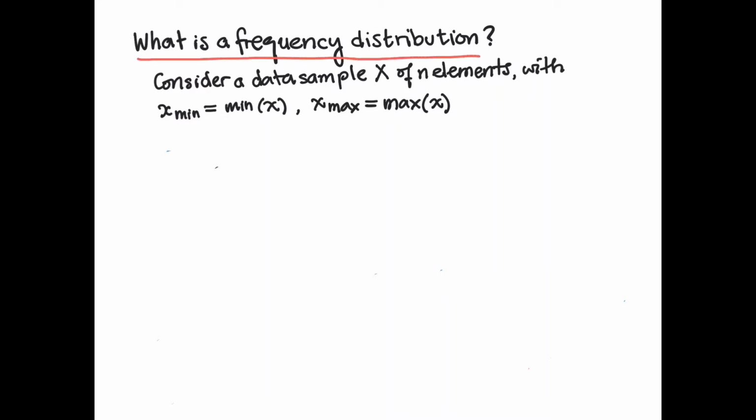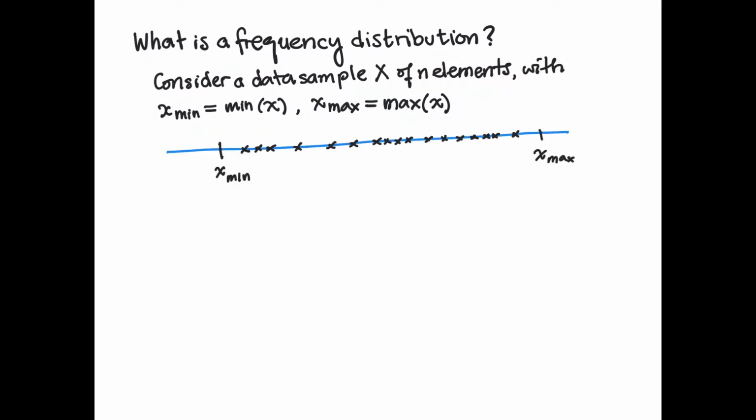But what is a frequency distribution? Consider a data sample X as a collection of data, for example, a matrix of n elements, in which we have identified our minimum and maximum value.